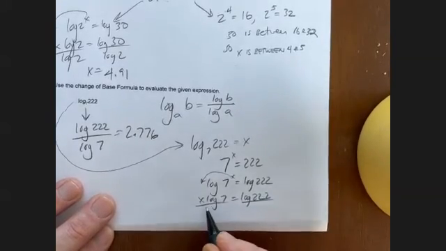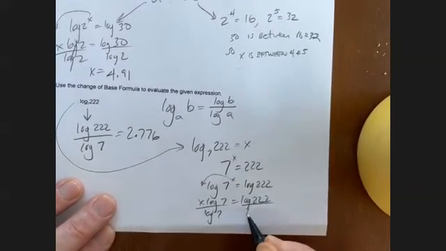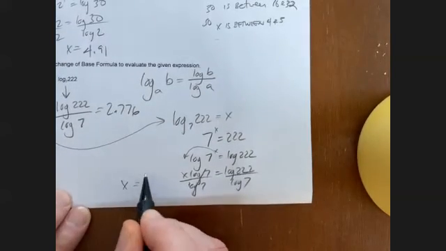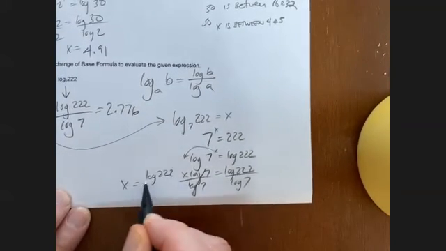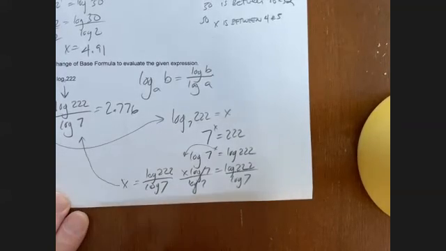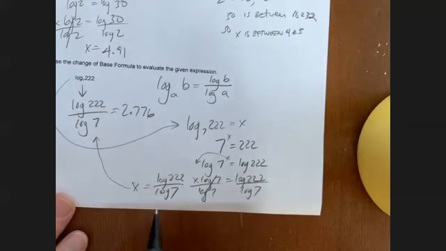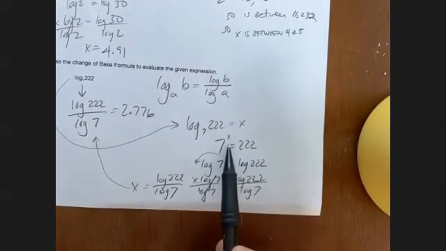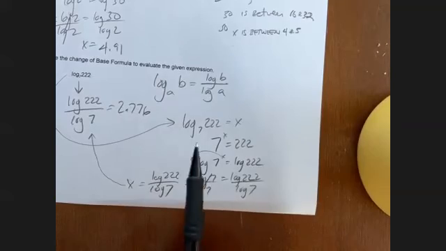And then if I divide both sides by log 7, what you'll notice is that x equals log of 222 over log of 7, which is literally exactly the same thing that I had as the formula. So you guys can do this however you'd like to. For me, the formula is the fastest, but I know that sometimes people forget. So if all else fails, you can put it in the exponential form and just solve, and that should be fine.